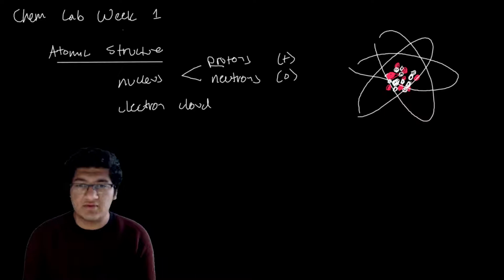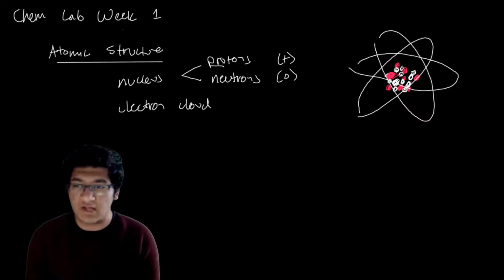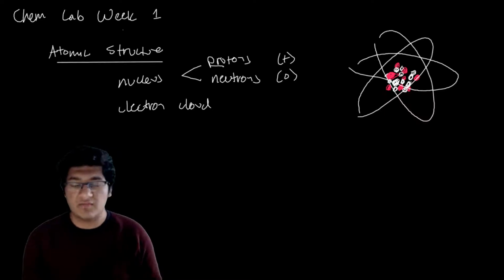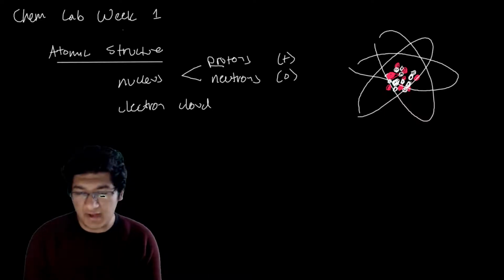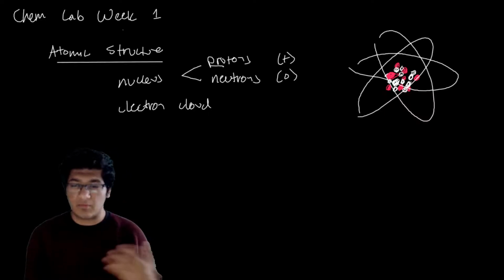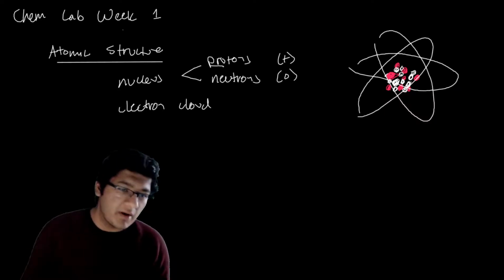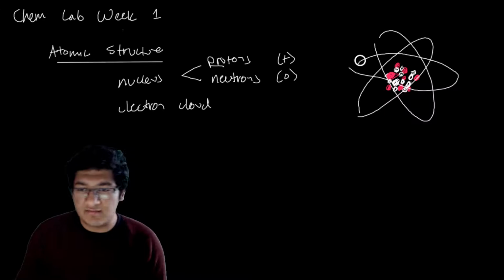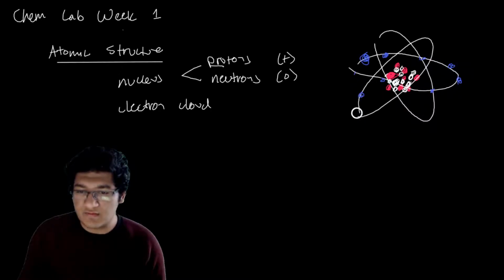In higher chemistry, you'll learn that it's more shells, and there's a lot of probability and quantum mechanics involved with where you're going to find an electron in a certain portion of the atom. But for right now, all we need to know is that the electrons are near the outskirts of the atom and revolve around the nucleus, just like that.